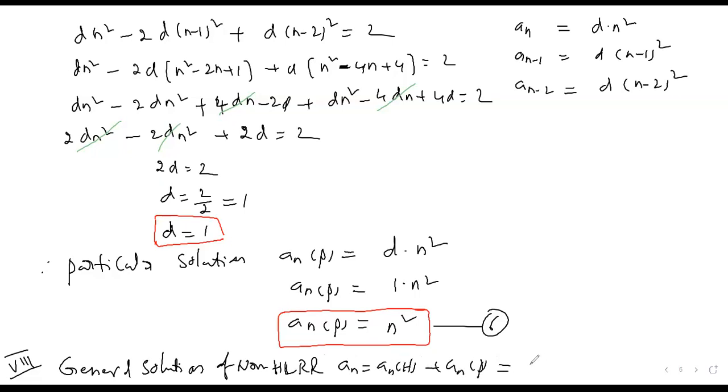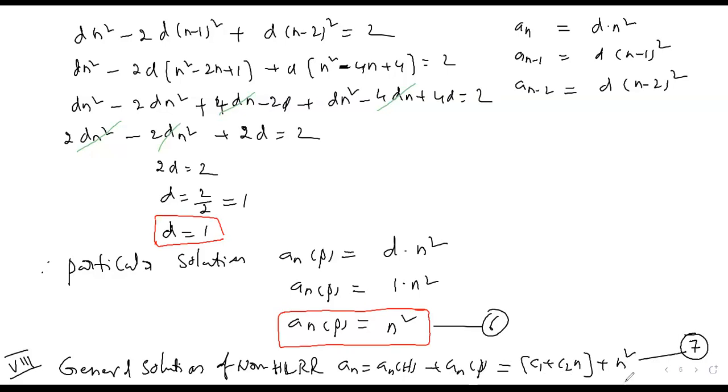Already they given a_n of h, already you calculated c1 plus c2 into n. This is a_n of h plus a_n of p, already you calculated n square. This is the equation 7, my dear students.